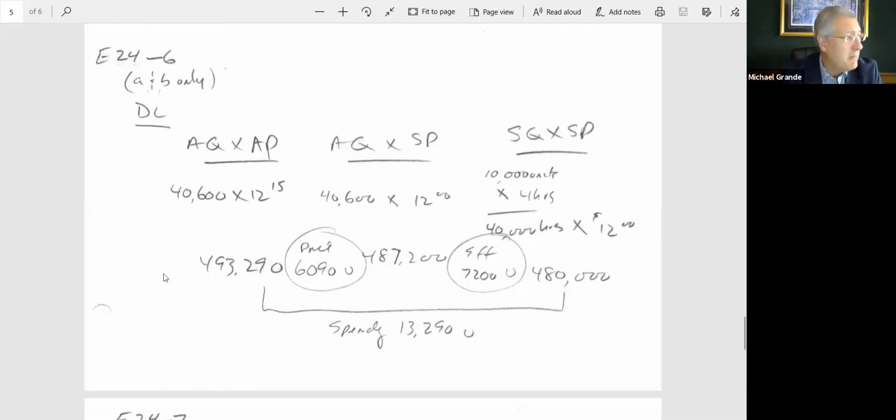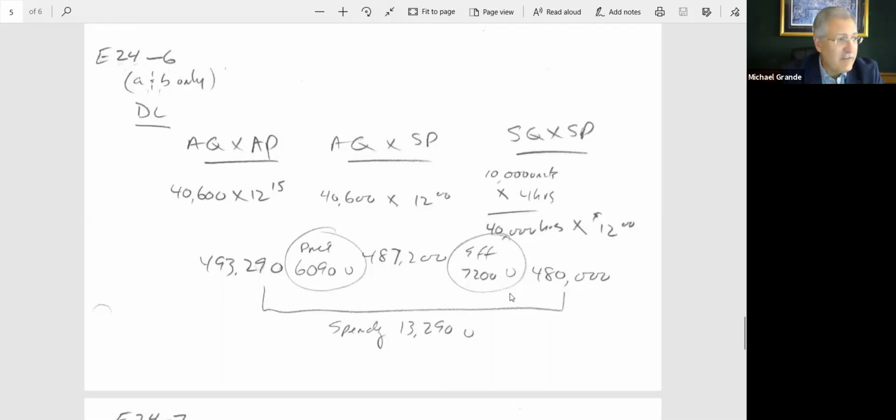This dollar amount here minus the $493,290, I have a price variance of $6,090. Unfavorable. Why is it unfavorable? The standard was to pay $12 per hour. They actually spent $12.15 per hour. They spent 15 cents per hour too much over 40,600 hours. Unfavorable price variance. They paid their employees too much.